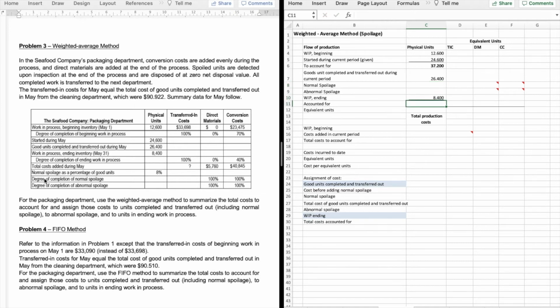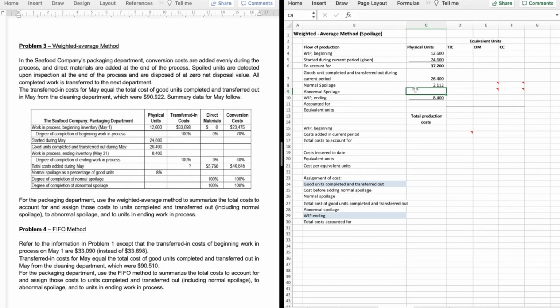And we know from the table, normal spoilage as a percentage of good units is 8%. Remember that the percentage of this normal spoilage is from the good units, not from the total units. Therefore, we will have to calculate the 8% here with the good units.